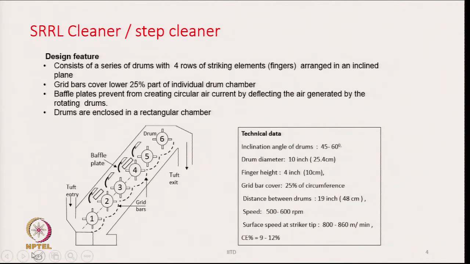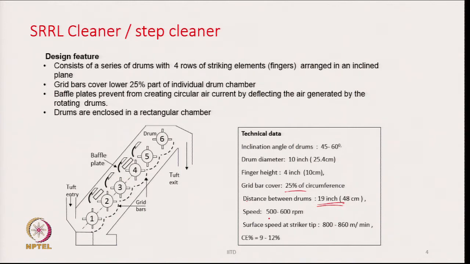The technical data, if we look: inclination angle around 45 to 60 degree. The drum diameter could be 10 inch typical, it can slightly vary from manufacturer to manufacturer. The fingers height is around 4 inch. The grid bar covers 25%, already stated. Distance between the drums is around 19 inch or 48 centimeter.